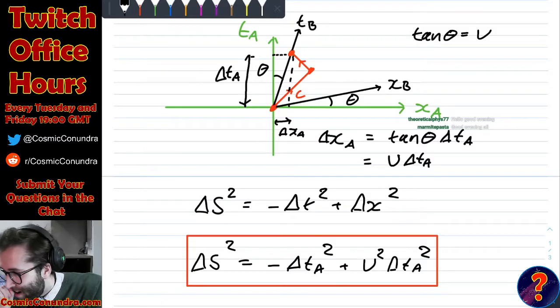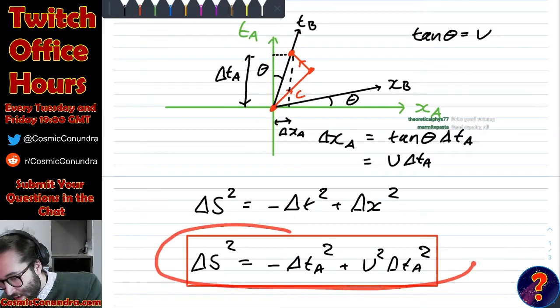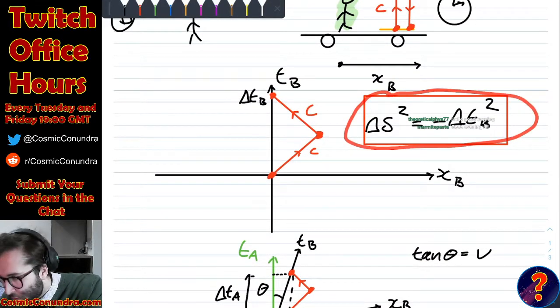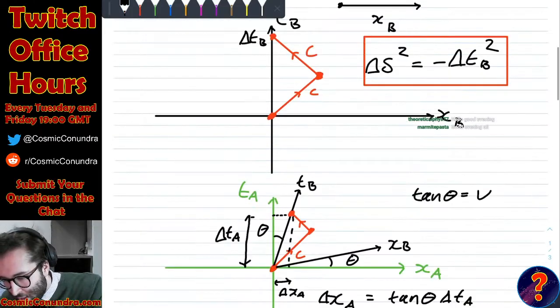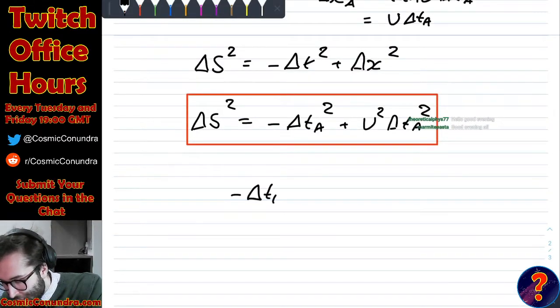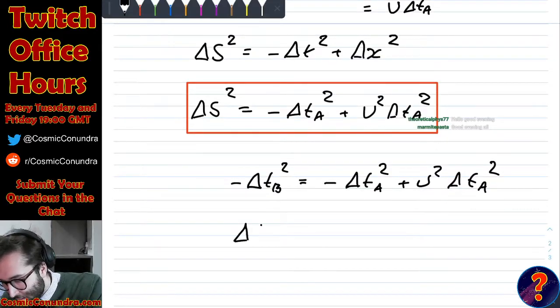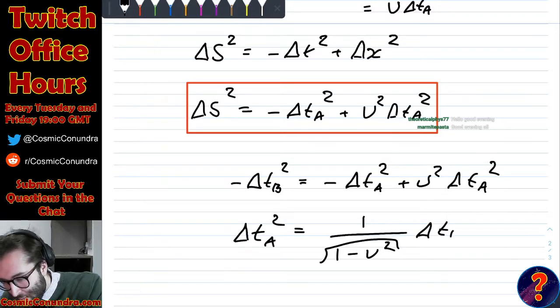And because this interval is invariant, all we're saying is that the expression for the interval here is equivalent to the expression for the interval up here, which just means we have delta TB squared is equal to minus delta TA squared plus v squared delta TA squared. Or rearranging that, delta TA squared is 1 over 1 minus v squared times delta TB squared, sorry, I've got rid of the square here, which is the formula we wanted.